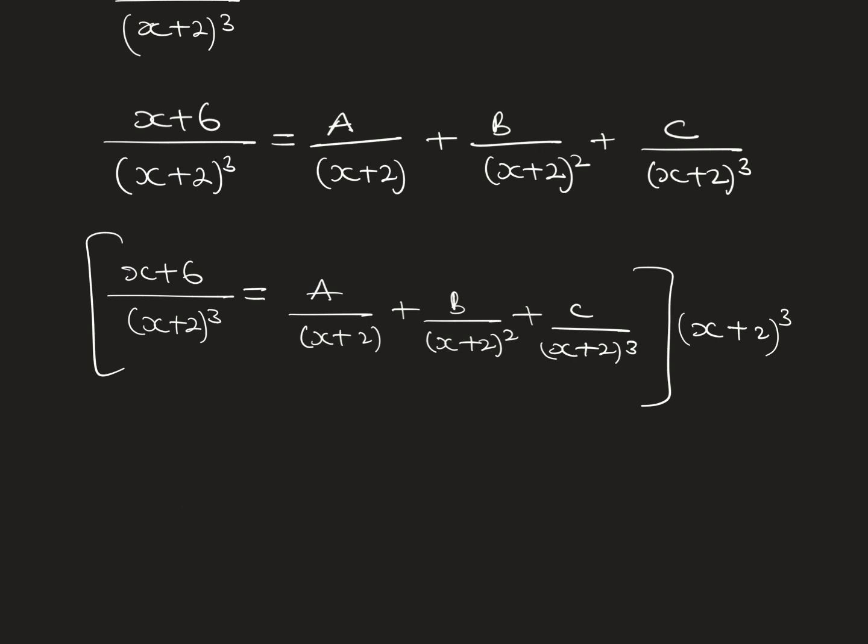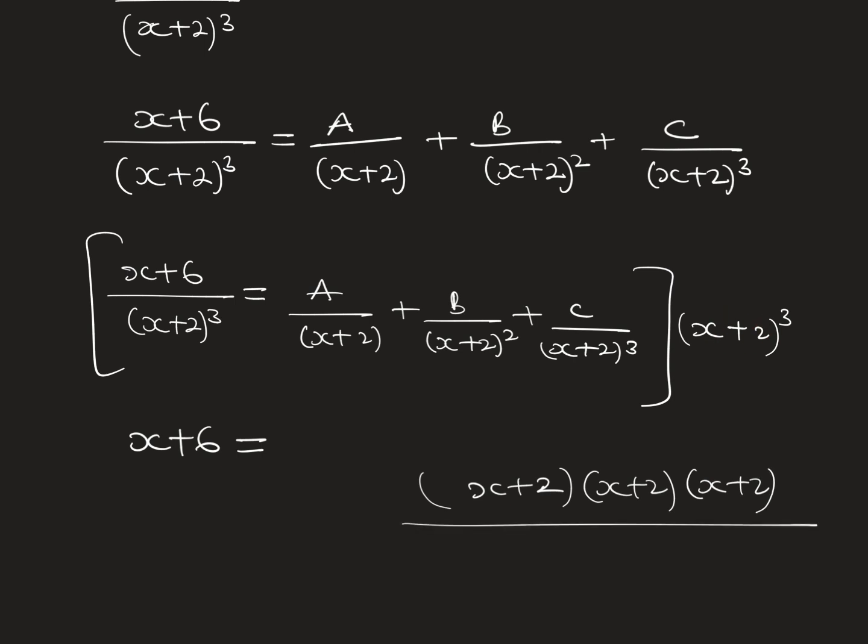So we're going to have x plus 6 is equal to, if x plus 2 goes into x plus 2 to the power 3, what do we have? Let's show that. We have x plus 2 into x plus 2 into x plus 2, which is this.